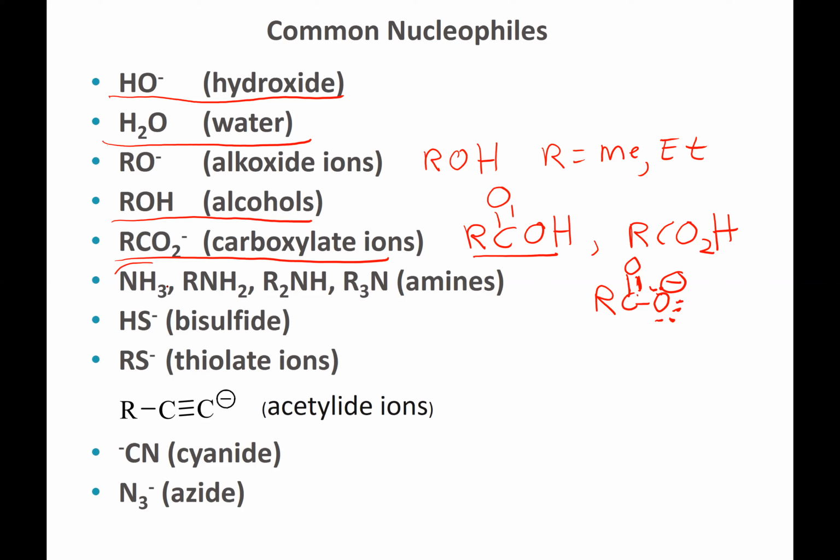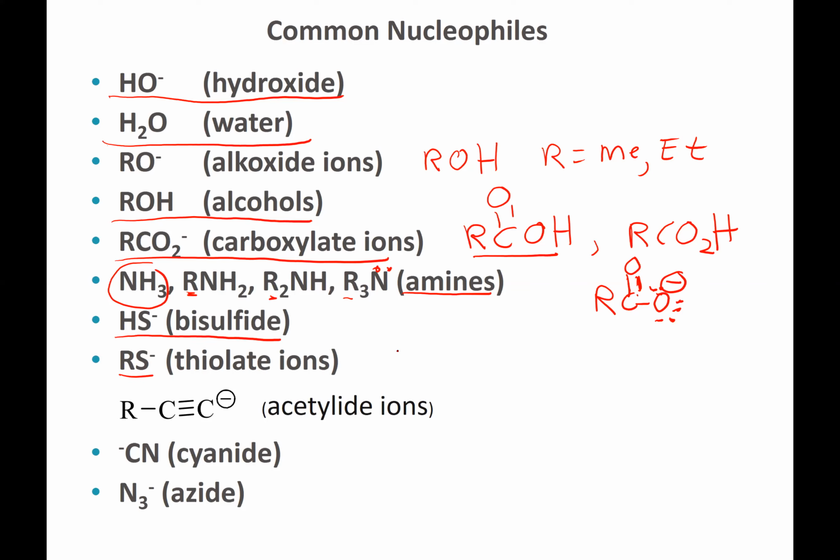This is ammonia. And if you replace one or more of the hydrogens of ammonia with carbon groups, you get amines. These are different amines. This is a functional group called an amine. Nitrogen has a lone pair. HS minus is the bisulfide ion.